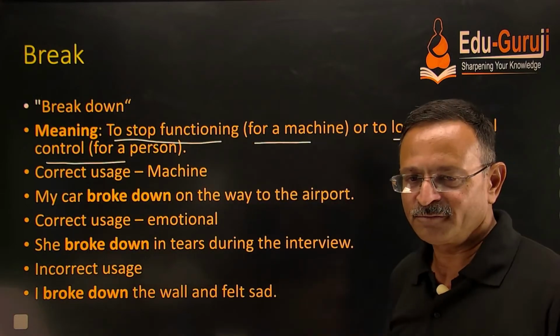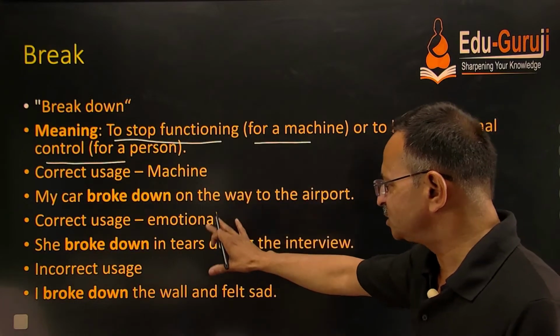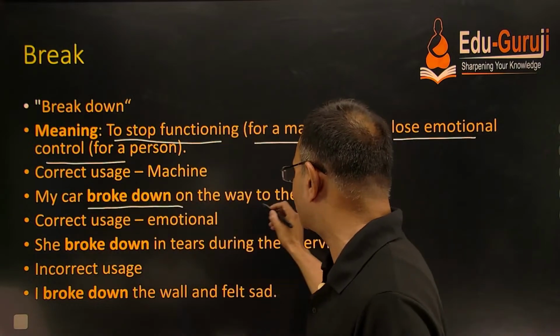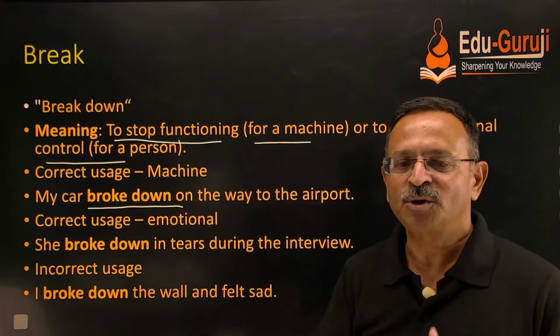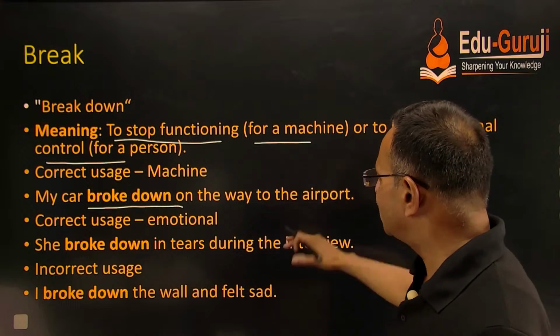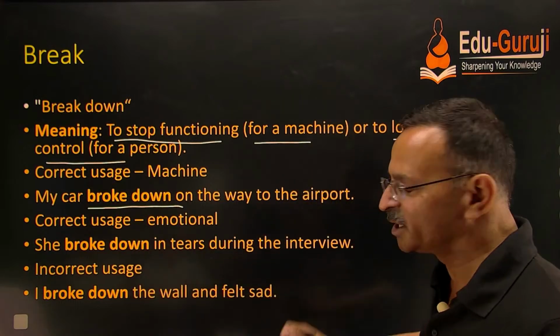For a machine, when the machine doesn't work, we use breakdown. The example is, my car broke down on the way to the airport. That means my car has stopped working. The second we can use for the emotional sense: she broke down in tears during the interview.